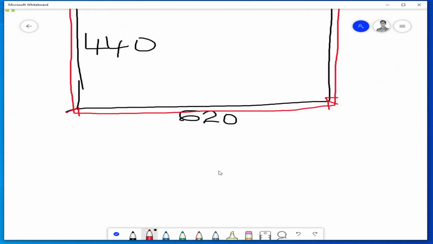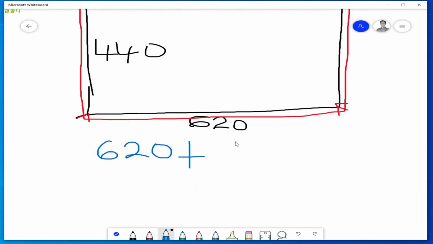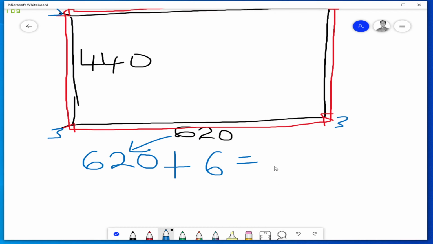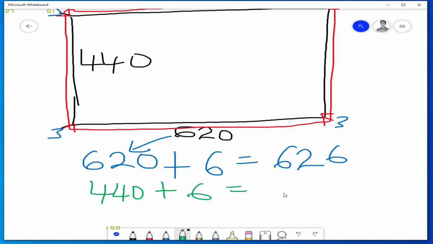How do we calculate this? 620 plus 6, ni size saya kan, 620. 3 mm, so the answer will be 626. Next, 440 plus 6, 446. Okay.